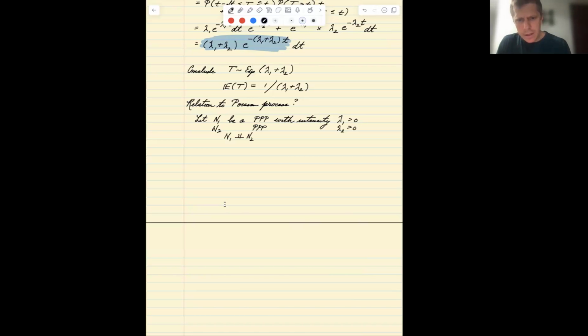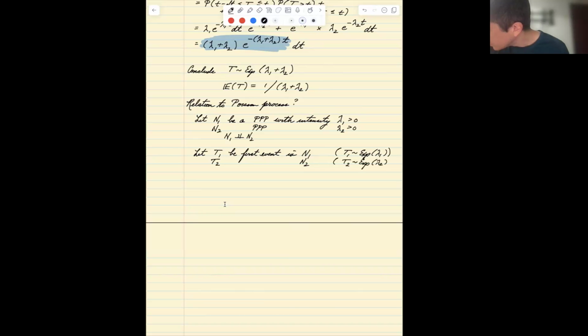Then we can let T1 be the first event in N1, and T2 the first event in N2. We know that T1 is exponential lambda 1. That's how we actually derived the exponential distribution. T2 is exponential lambda 2.